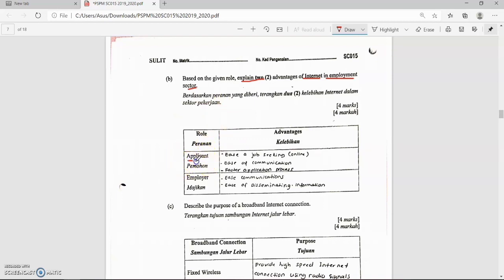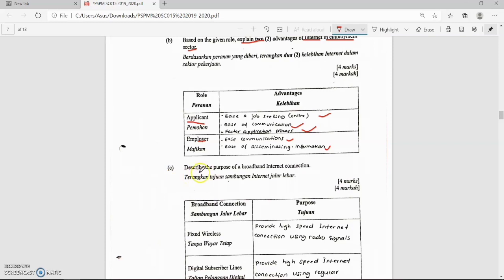So the first one, for the applicant, is job seeking through online, communications, faster application process. If you do any application for a vacancy, it can be processed fast. For the employer, it is communications, disseminating information.